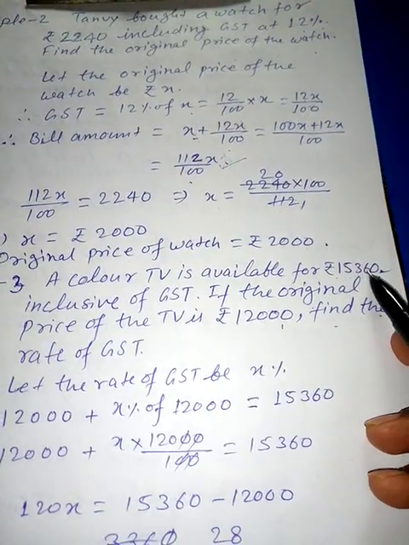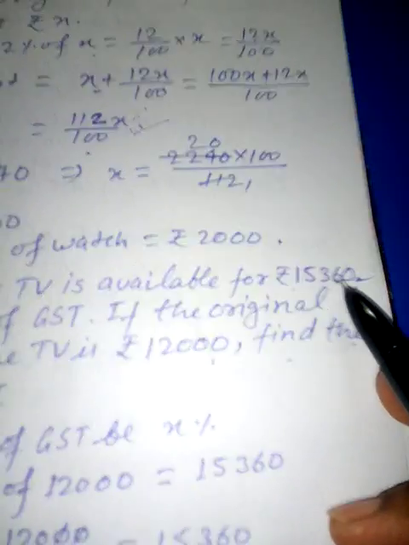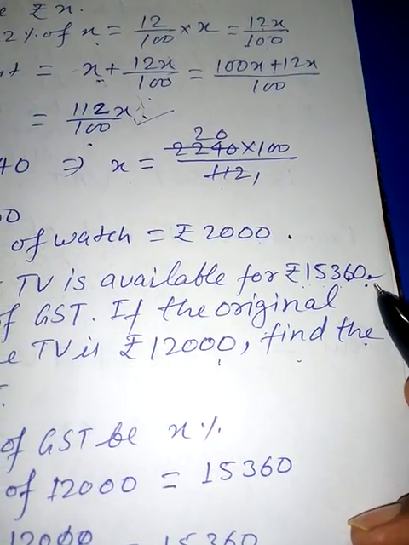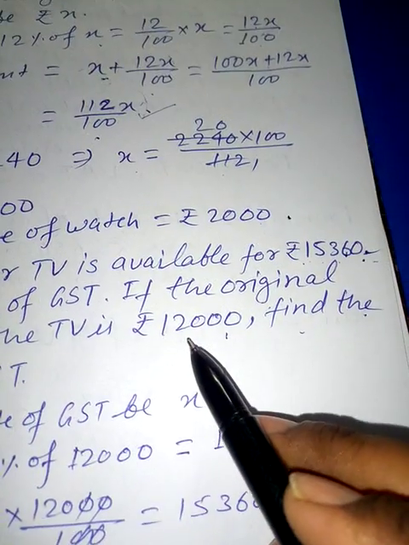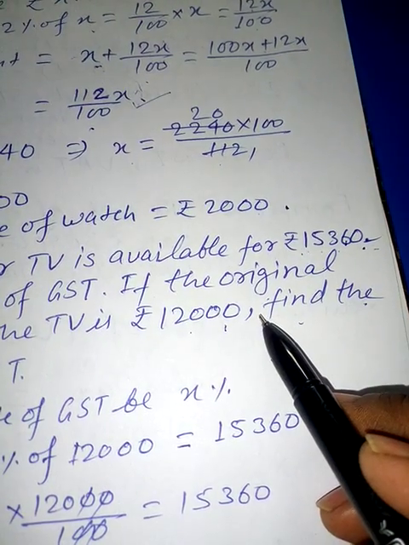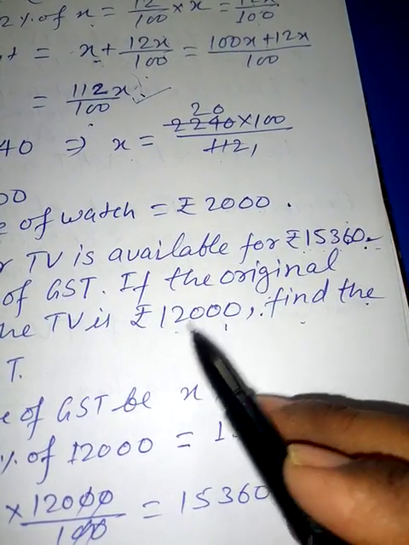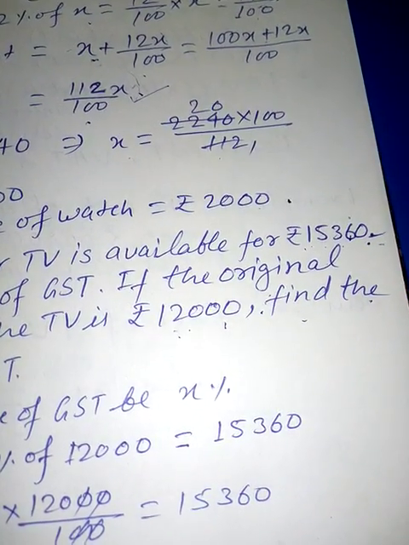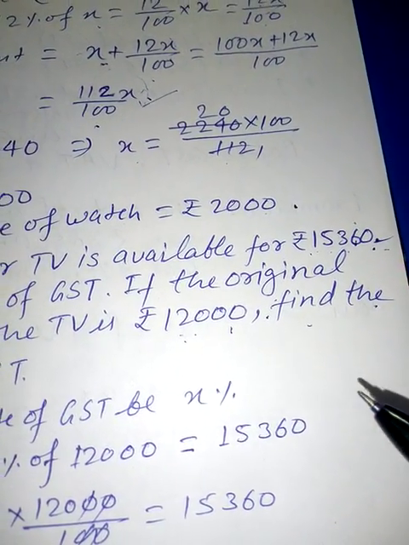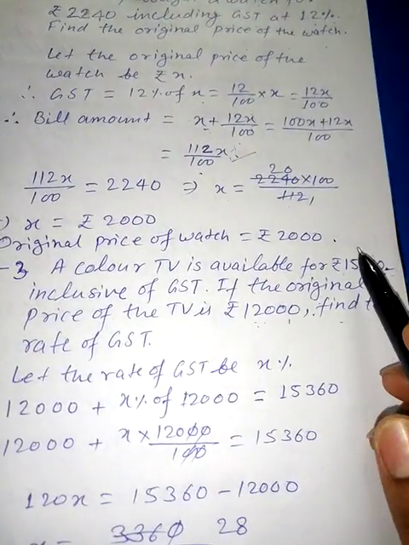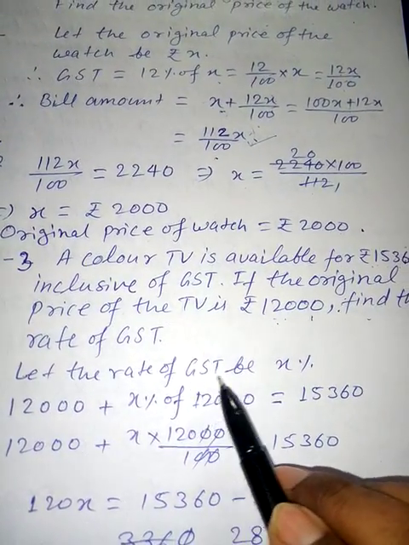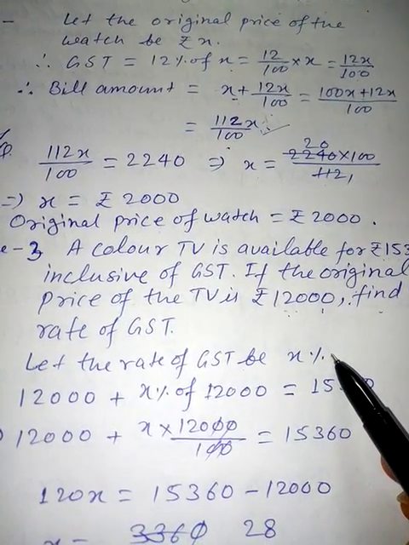So you see here, the bill amount is 15,360 rupees and 12,000 is the original price of the TV. So the difference is 3,360 rupees. Here we take the rate of GST to be X%.